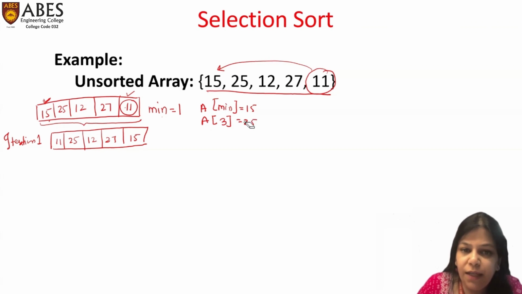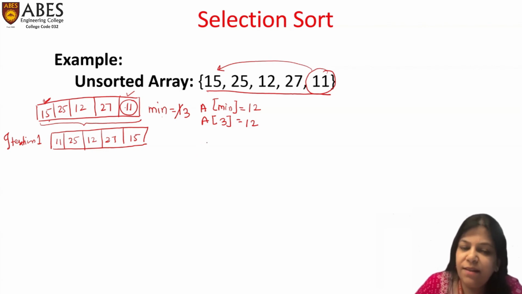The value of A3 is 12. So now we will compare A3 with A minimum. Here, the value of A3 is 12 and it is less than A minimum. So the minimum index will change to 3, right? So now A minimum will become 12.